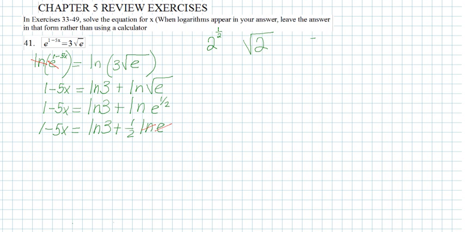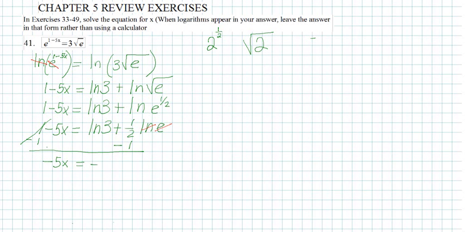All right. So now I'm going to proceed to isolate the x. So now I can subtract 1 here and 1 here, and so I have 0 here. So minus 5x equals. Now I have positive 1/2 and negative 1. So now I have negative 1/2.